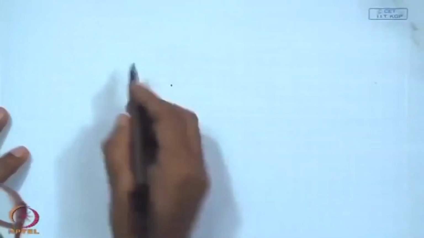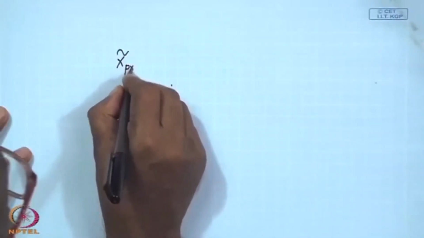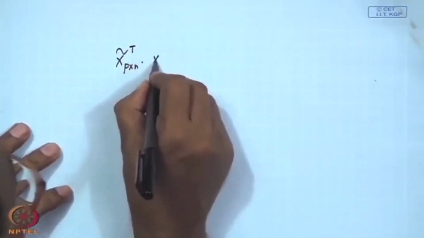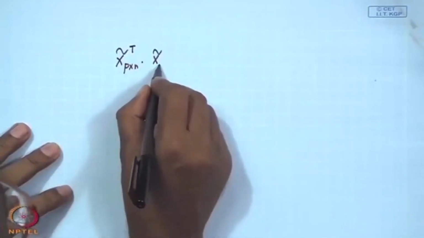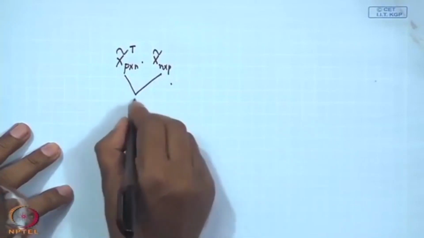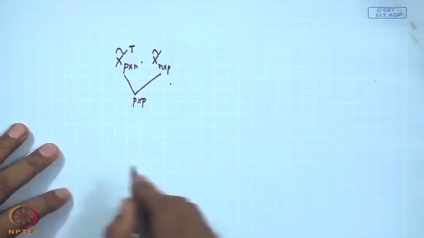Now if you find x tilde transpose, it will be p cross n. If you do x tilde transpose, dot product, with x tilde, that will be your n cross p. So, the resultant quantity will be p cross p.